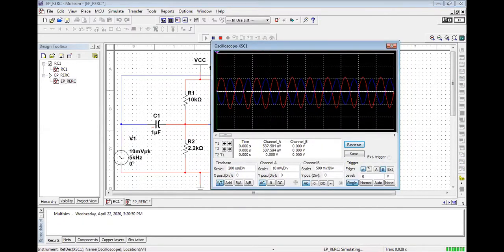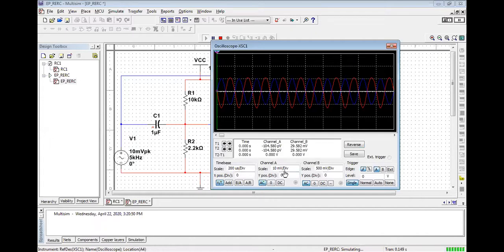Now here you can see this blue line. This represents your input signal. This is known as channel A, right? Normally if you want to represent it, this is set to AC. If it is 0, then it is not going to be presented. You can see channel A has 10 millivolt per division. So if I select it, we can see 10 millivolt peak as shown in the figure.